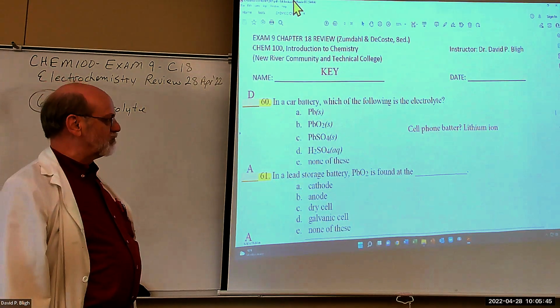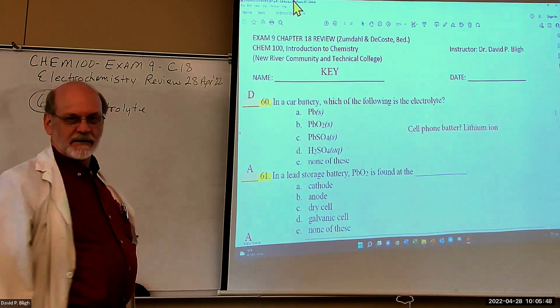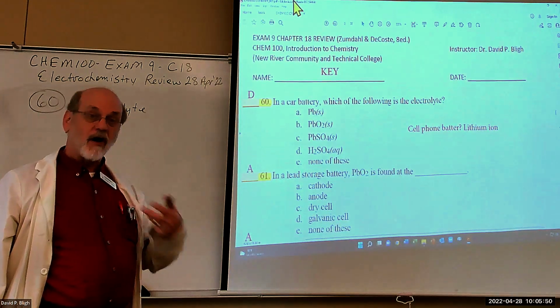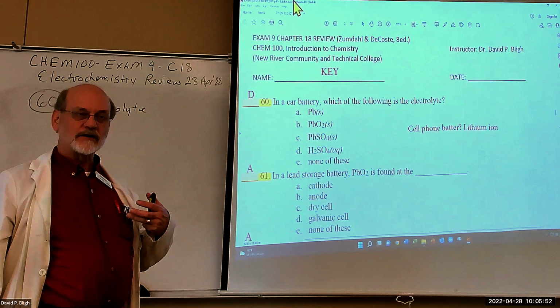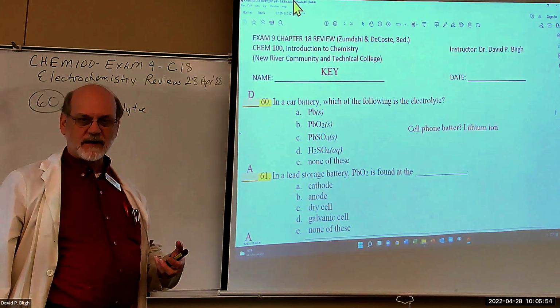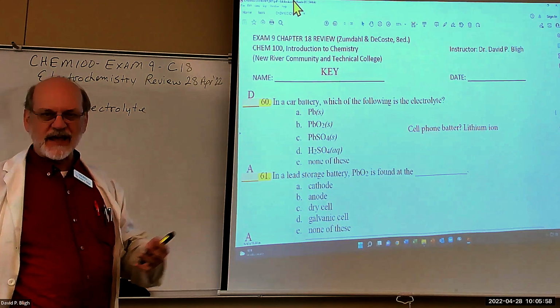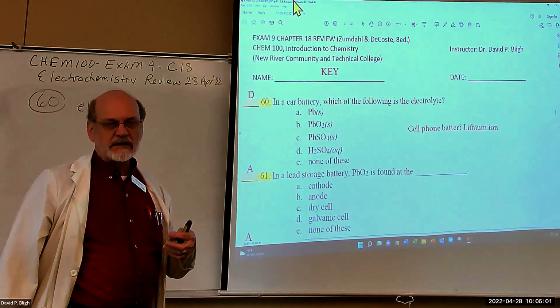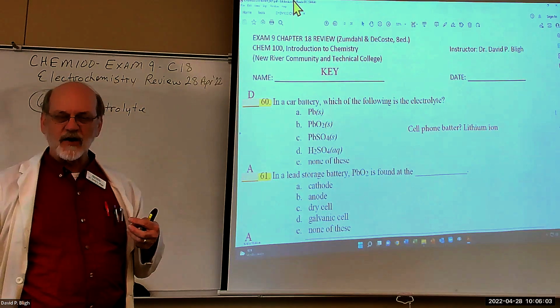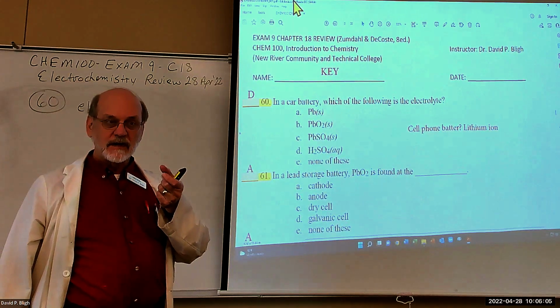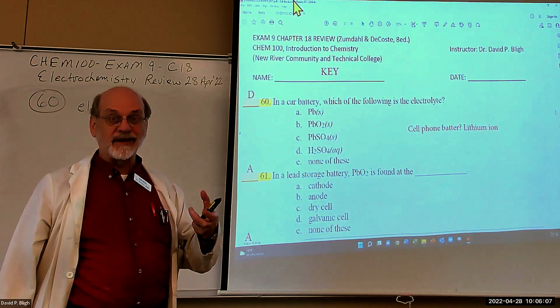What about cell phone batteries? What is the cell phone battery called? It's called lithium ion. Now, we didn't put that reaction up here. And it's a little beyond this class to work on that one because the chemistry of the lithium ion battery in your cell phone is relatively complex.